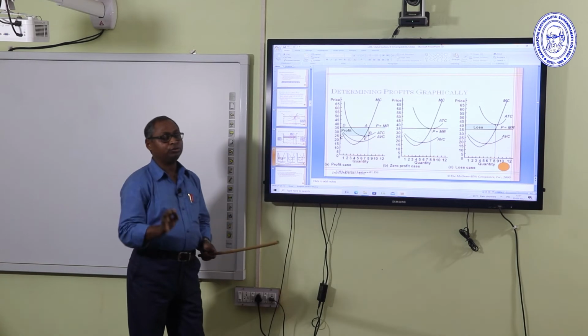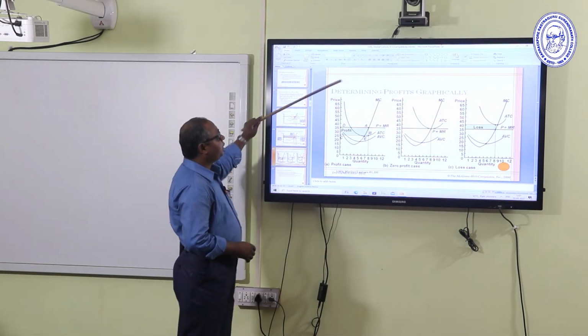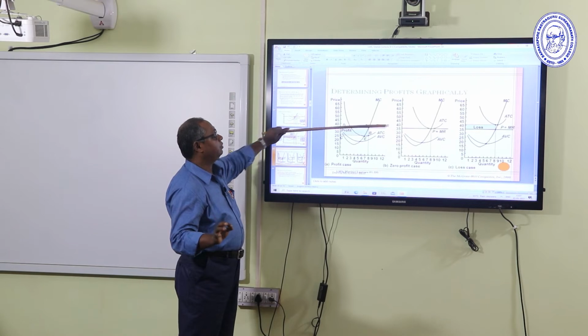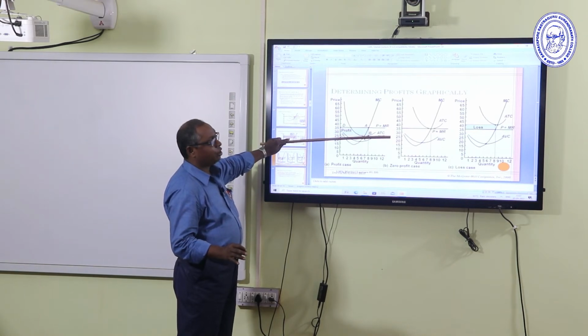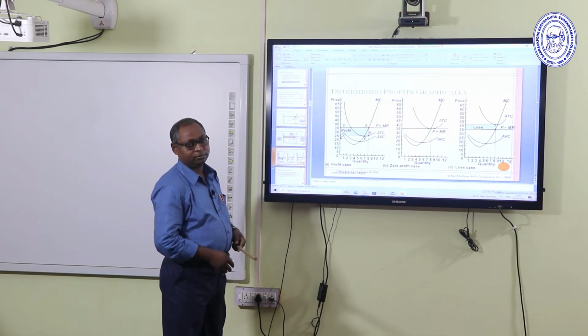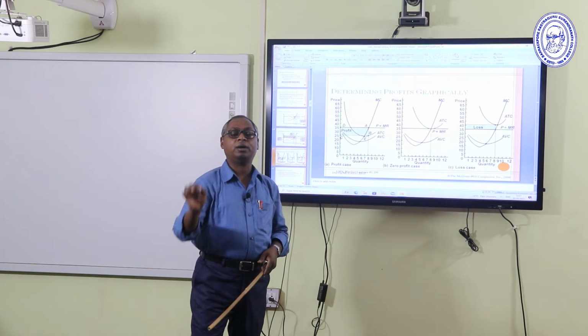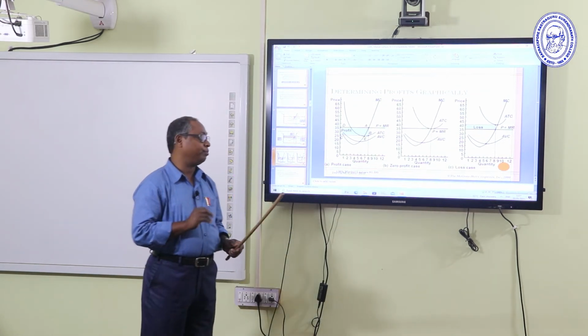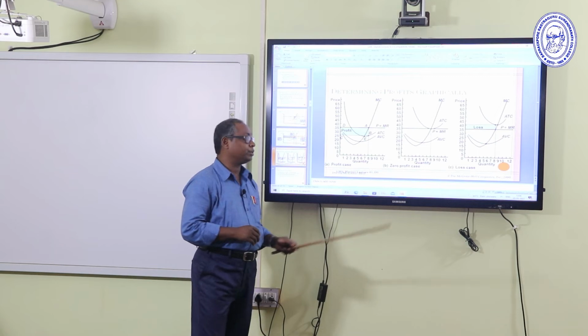So one thing you should note here: if the price line, equal to MR equal to AR line, is above the minimum point of the AC or ATC curve, then definitely in the short run the firm will earn positive profit, supernormal profit.